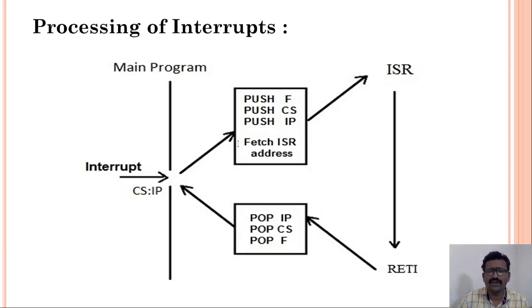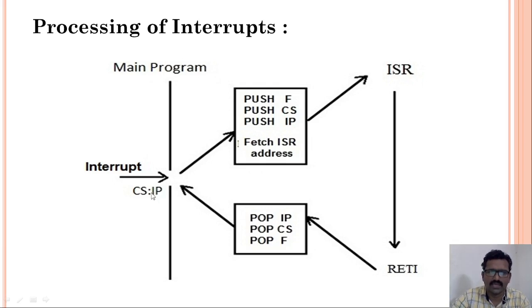Coming to the processing of interrupts, for example, this is the main program which the microprocessor is executing. During the execution of the program, an interrupt occurred. In 8086, the address of an instruction is pointed to by two registers, the code segment register and IP, because programs are stored in code segments.